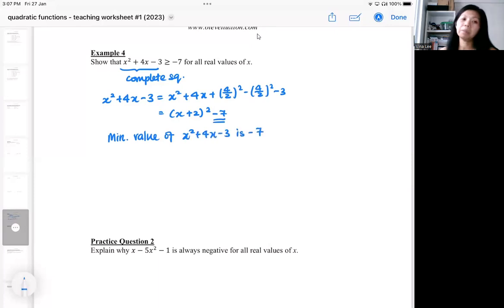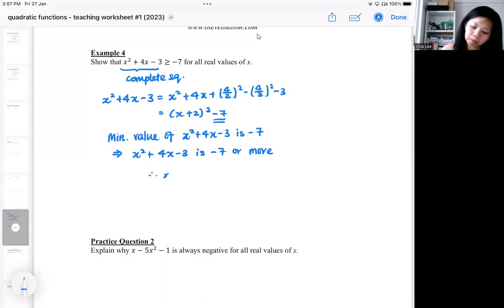When we say the minimum value is -7, it means that this function is -7 or more. That means the lowest is -7. Therefore, x squared plus 4x minus 3 is greater than or equal to -7.